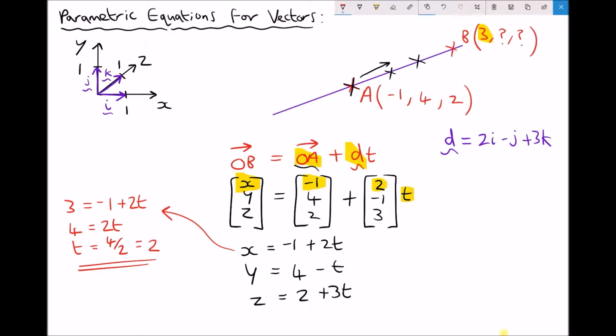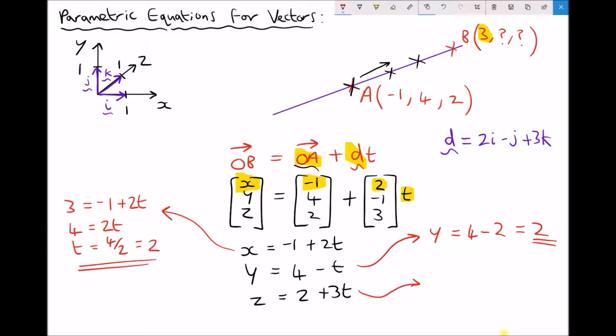We now know the value of t that defines our point B. So now we can find our y-coordinate, because our y-coordinate is just 4 minus t, so y equals 4 minus t. Well, we've just said that t is 2 for point B, so our y-coordinate is 2. And finally, we can do that for our z component.